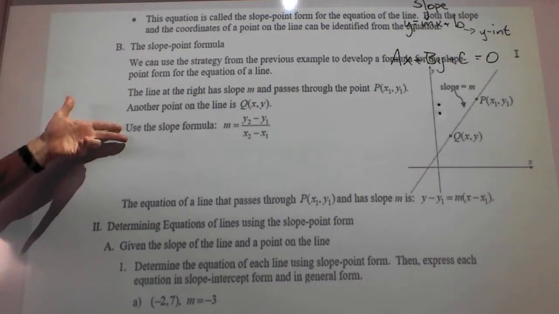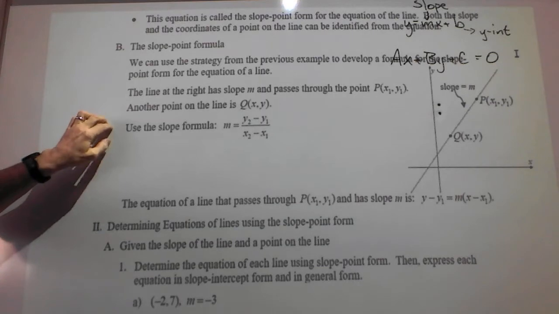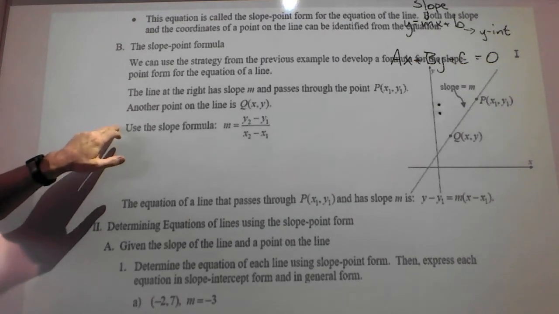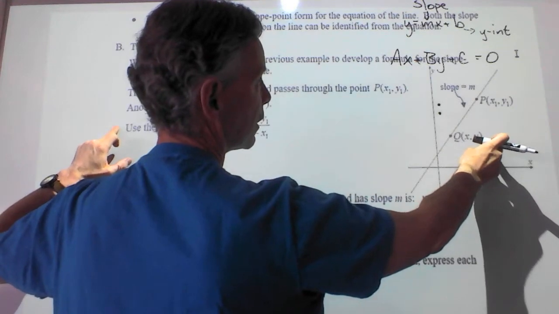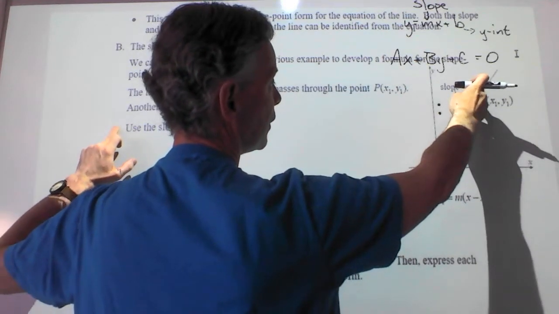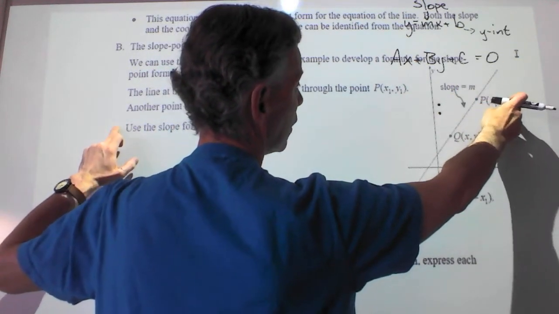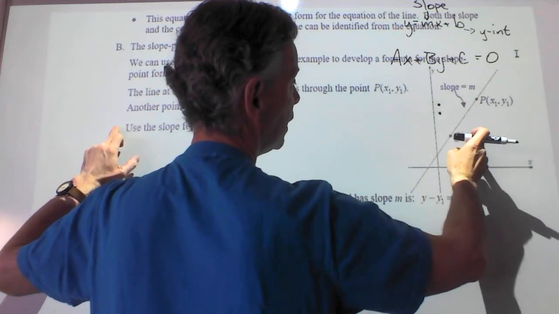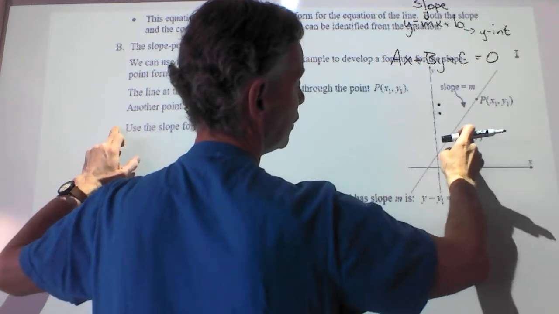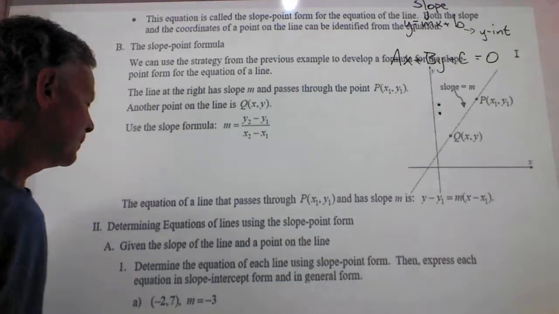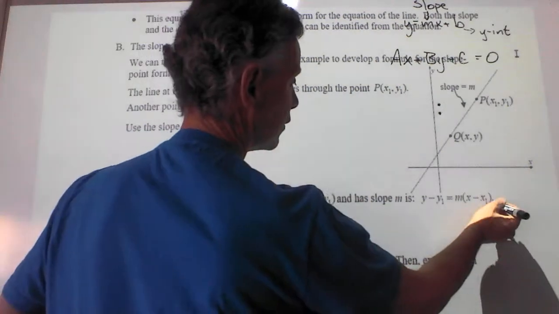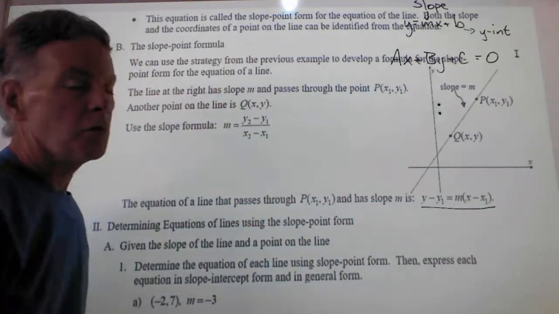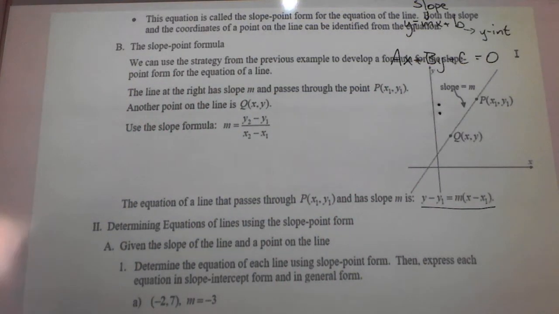And again, just a reminder, you can use the slope point formula to develop your formula from this, where your slope is m, your x1 and y1 are the coordinates of point P, and your x and y are the coordinates of point Q. Okay? And here's our slope point formula. Okay?